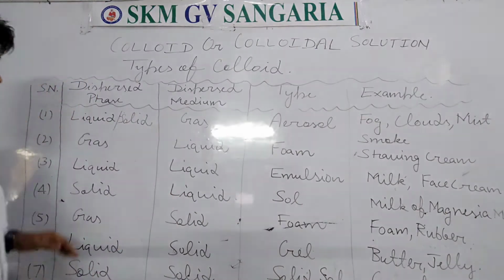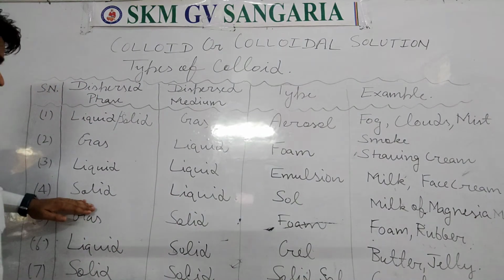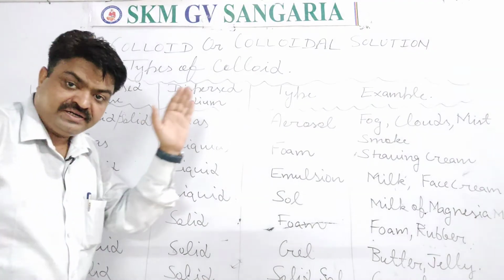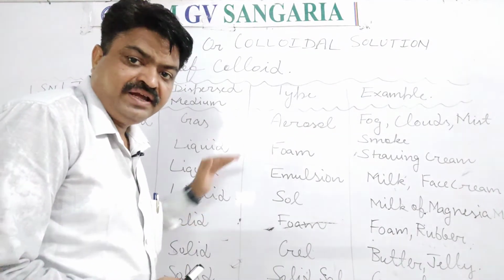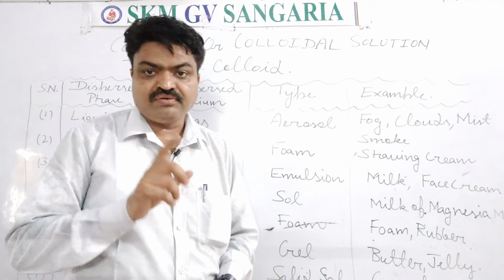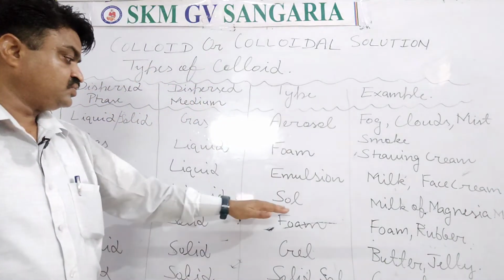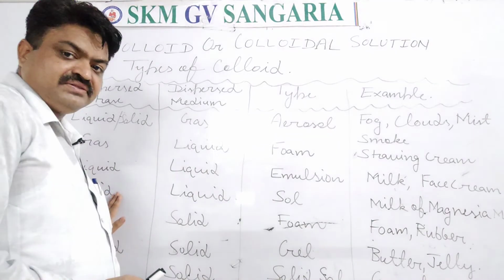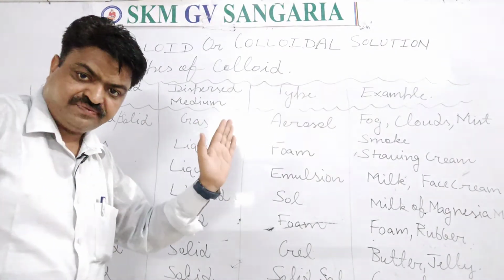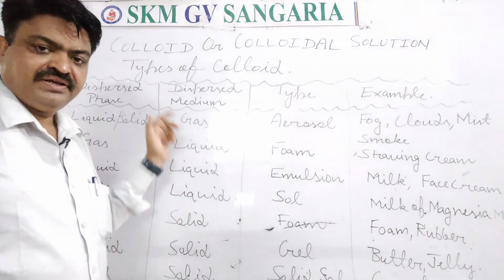Next is solid. When solid particles are dispersed in a liquid medium, then that colloid is known as sol, student, sol. So in this, the solid particles are the dispersed phase, and they are dispersed in which medium?